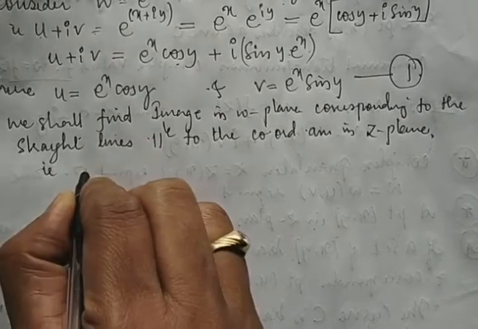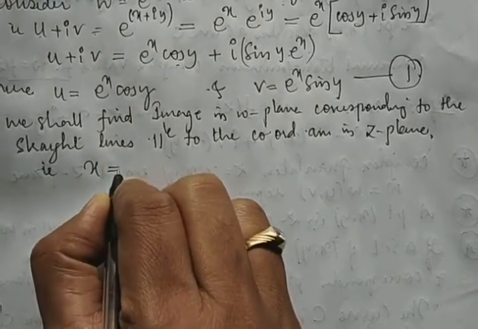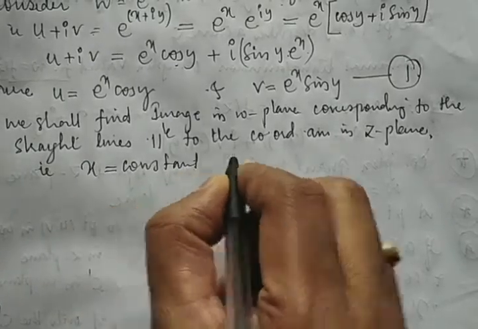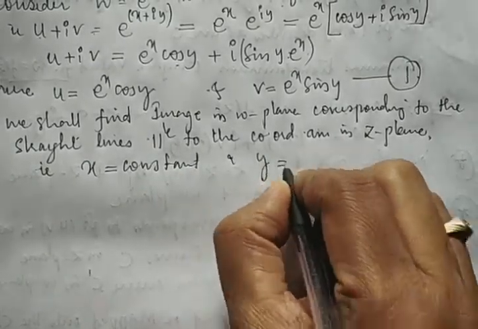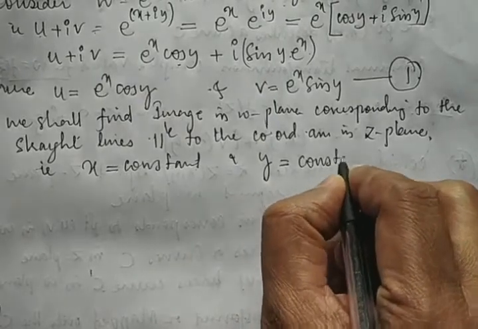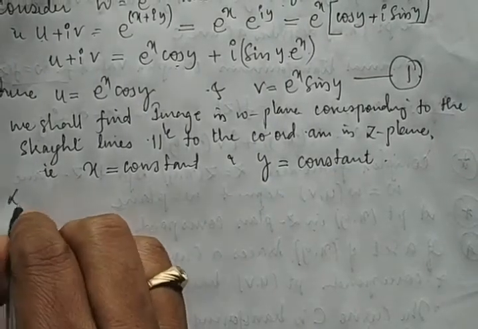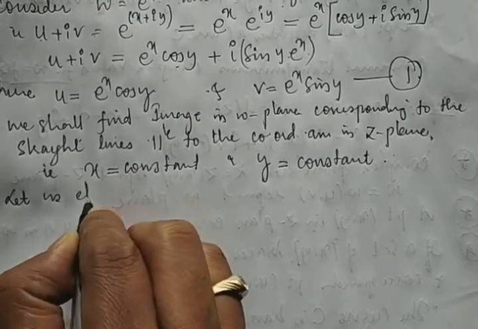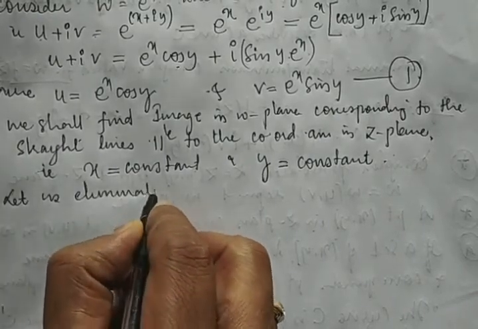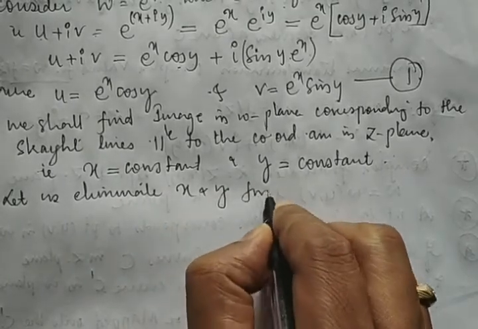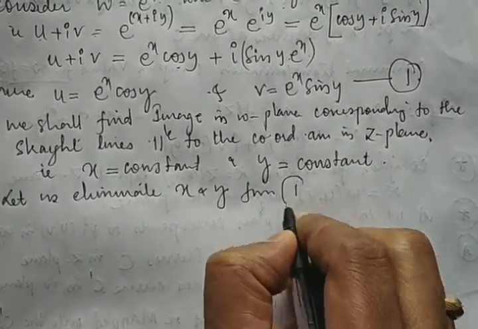For that what to do? Let us take x as a constant here, and we take y also constant. Then let us eliminate x and y from equation number 1.